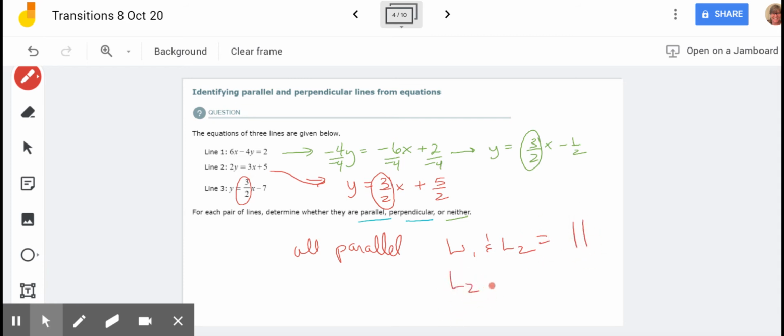And then they might say line 2 and line 3, and you would say parallel. Okay, but sometimes it's not going to be parallel, obviously. Maybe it would be -2/3, and you'd have to say perpendicular, or maybe it'd be 5, and you'd have to say neither. But the main idea is to be able to put it into mx plus b form and suck out the slope.